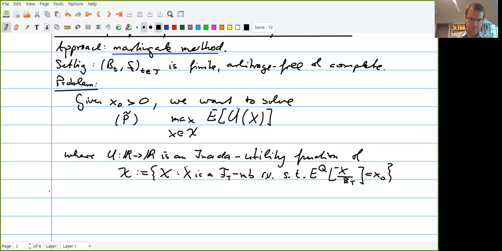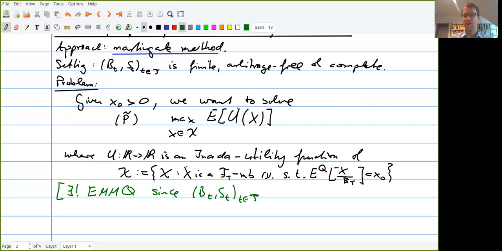Okay, just a side remark as we need it. There exists a unique equivalent martingale measure Q, since the market here is complete, finite, and arbitrage free.